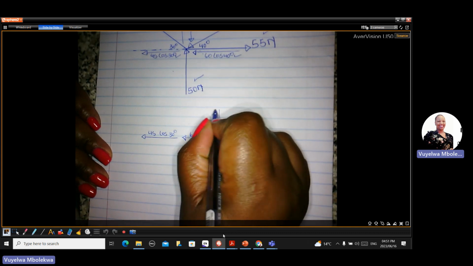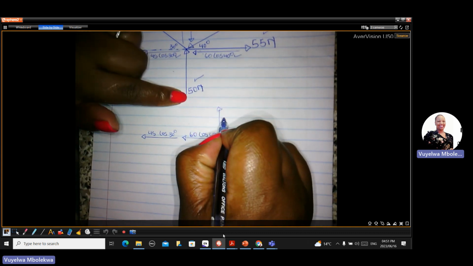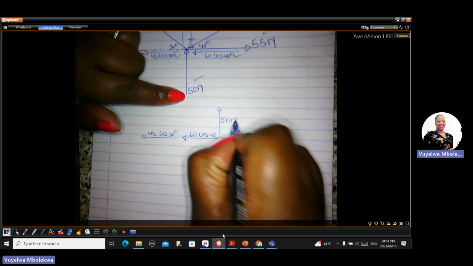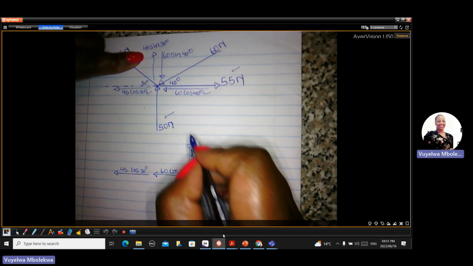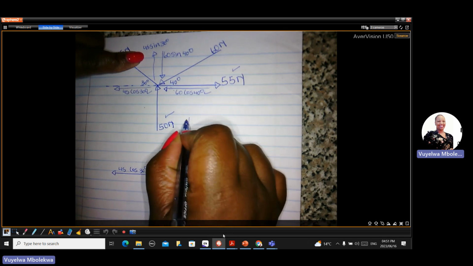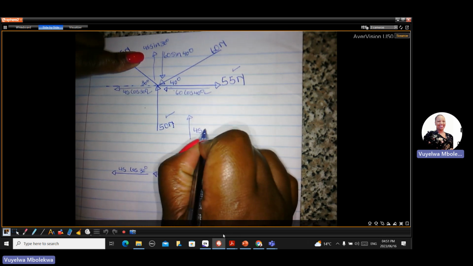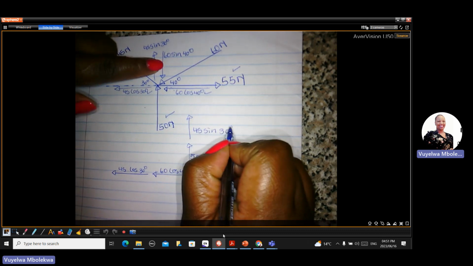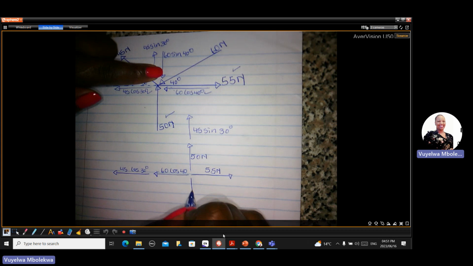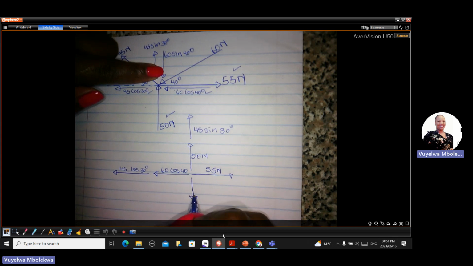Another upward force is the 45 sine 30, so I would sketch it up, 45 sine 30. Then downward, I have the 60 sine 40 coming down like this, 60 sine 40 degrees.